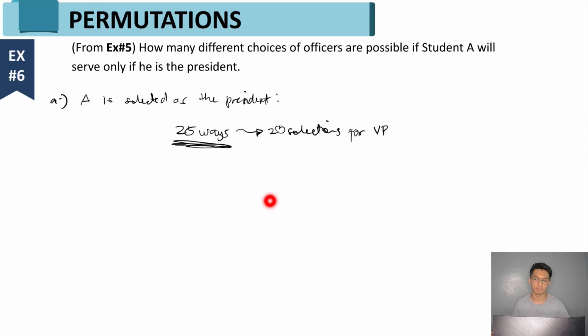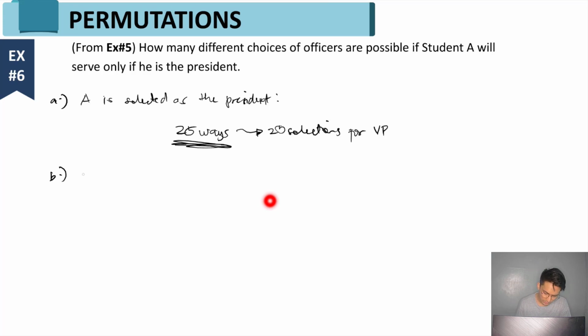Pero, halimbawa, pangalawang situation, dahil demanding si student A, nagalit sa kanya ngayon yung buong klase, tinanggal na siya sa choices. Ibig sabihin, 25 na lang yung pamimilian ng president and vice president. Dahil nga demanding si A, gusto niya, magsiserve lang siya bilang president, eh ayaw na ng buong klase, tinanggal na siya.